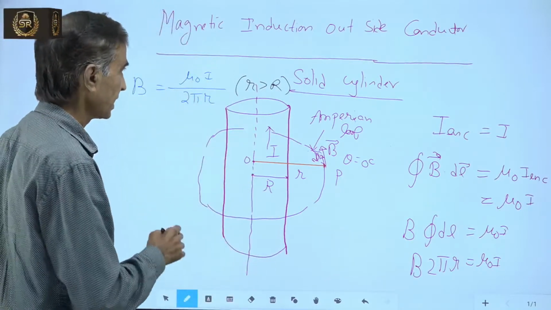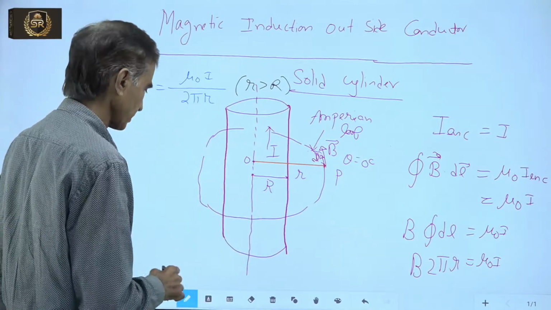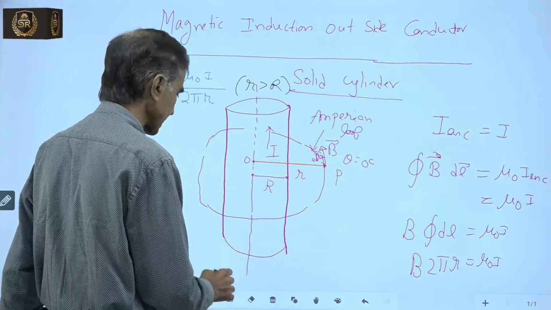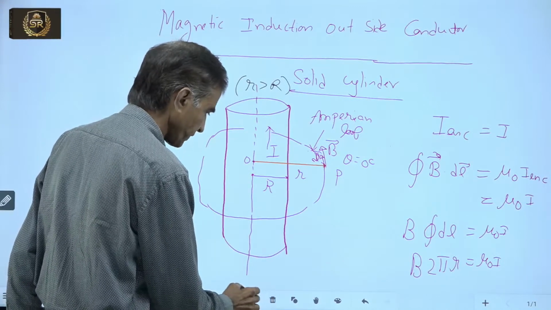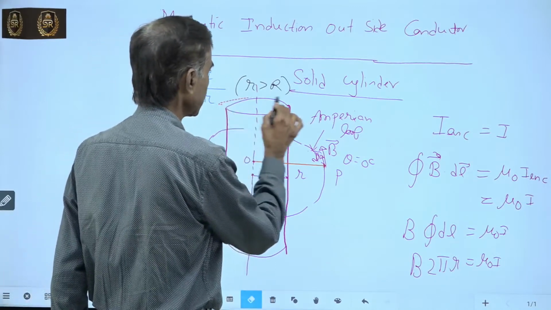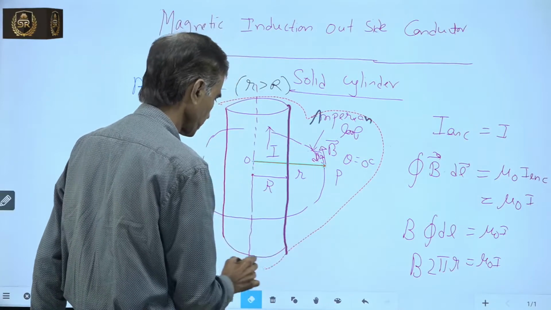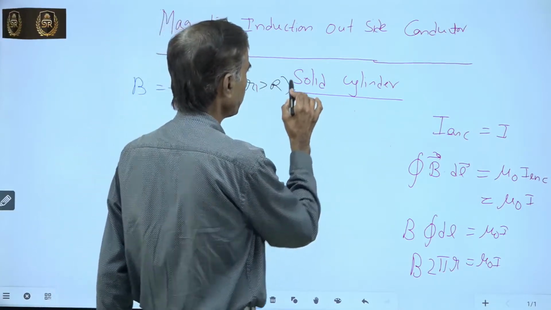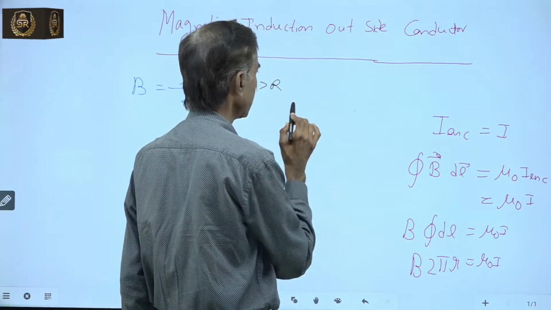Now, let us take a point inside the conductor. So, field at a point inside the conductor. This is outside we have taken, and we got the same result.